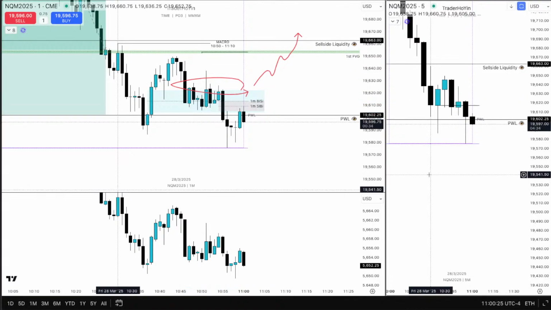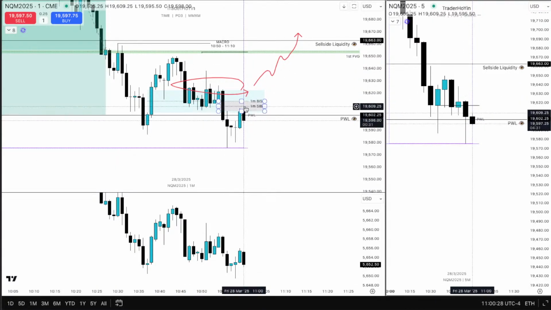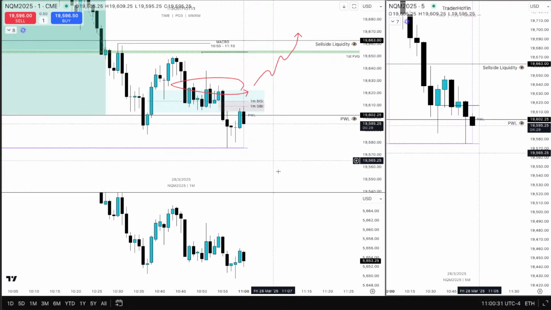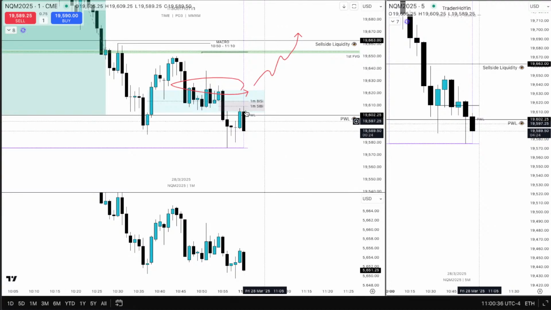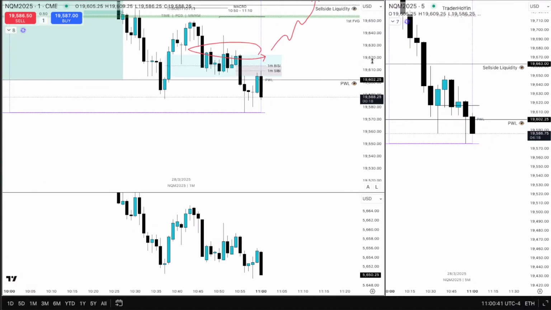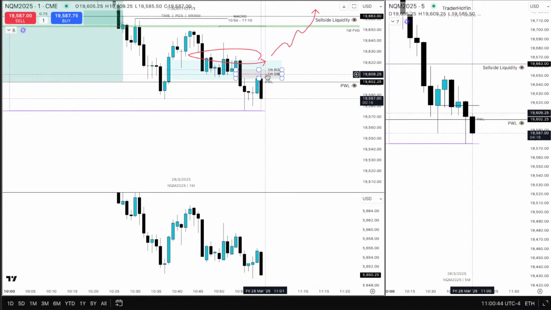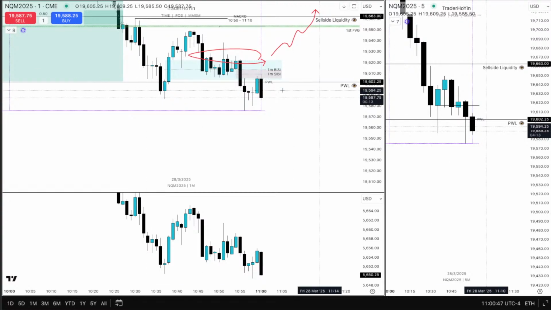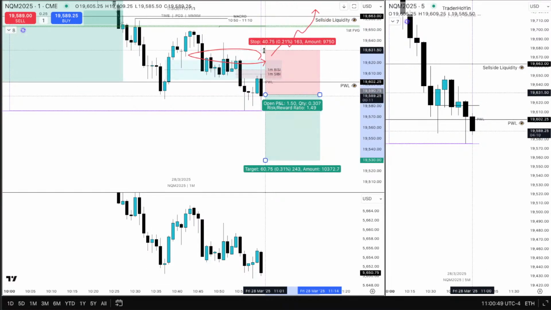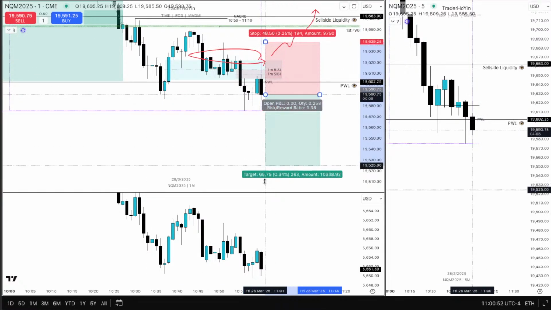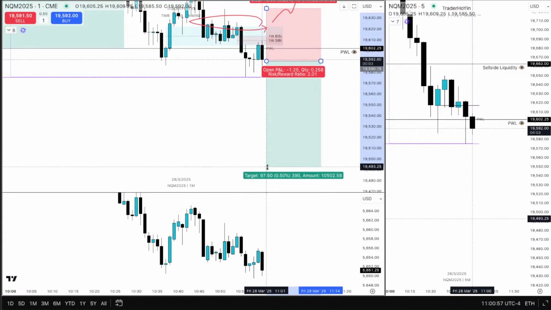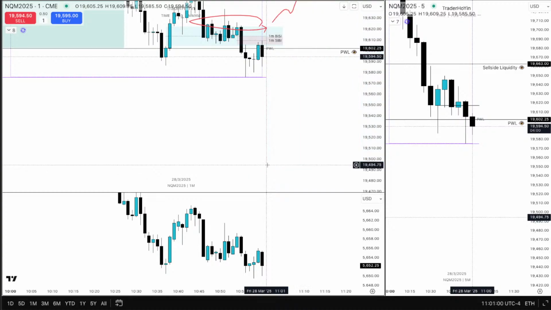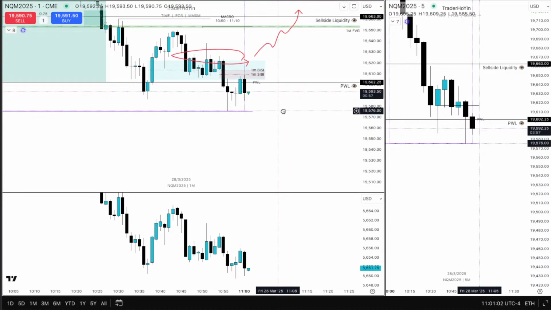Otherwise it's just going to grind lower, making a lower low, lower high, lower low, lower high. You can short here for 2R. There's nothing to do here.